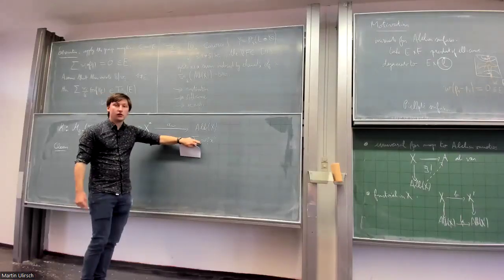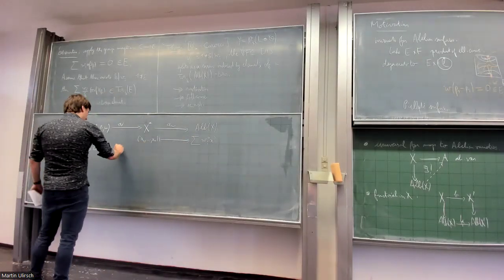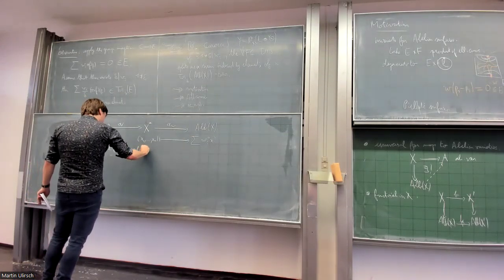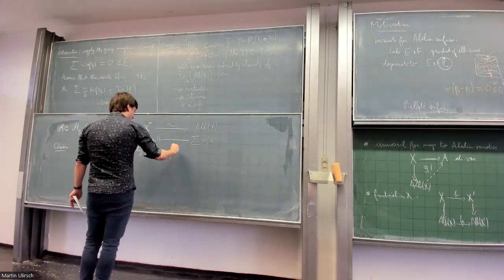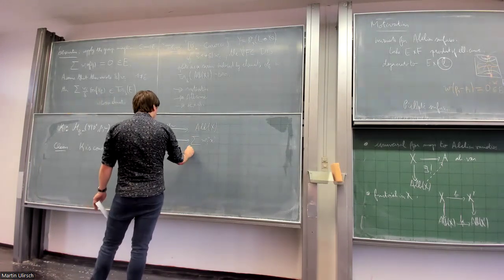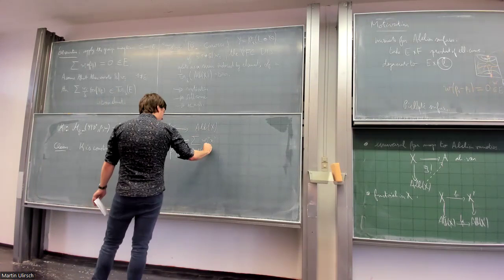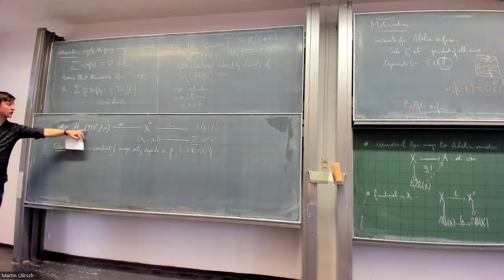I do this combination. Then the image is always the same. So its image only depends on the homology class beta and L, the line bundle which was used to construct the projective completion Y.